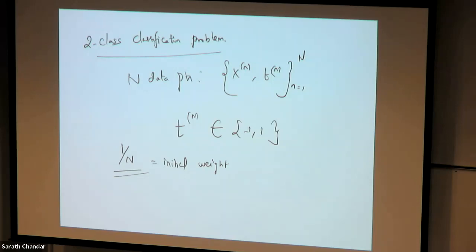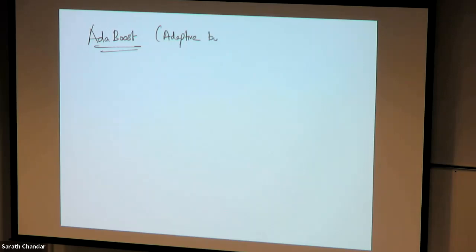Now we are going to see a specific instantiation of this algorithm called AdaBoost. AdaBoost stands for adaptive boosting. First let us see the algorithm, and then we will talk about how to design this algorithm from first principles.